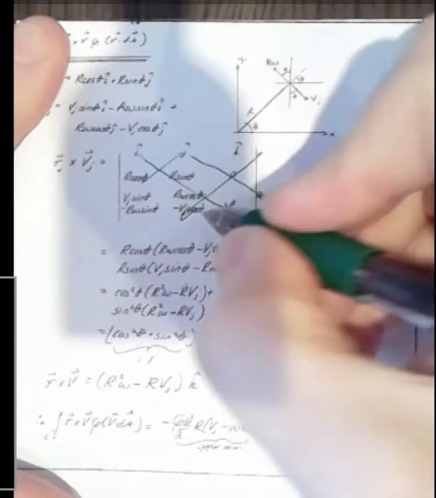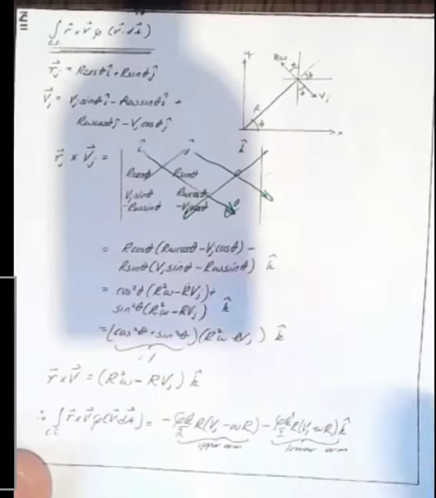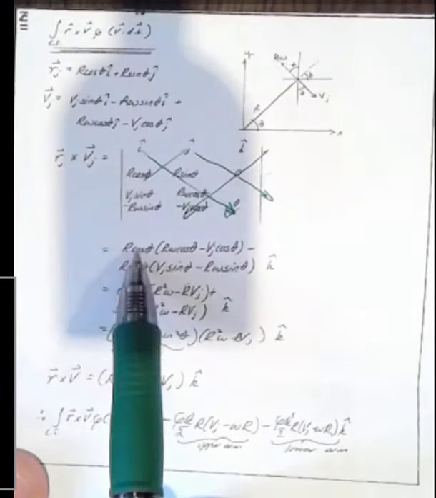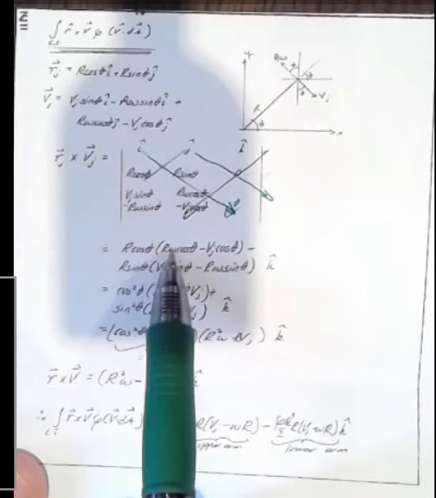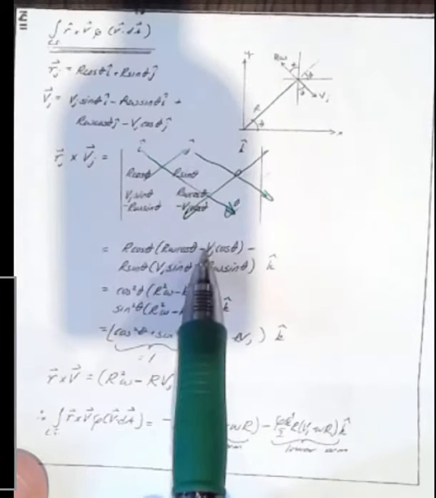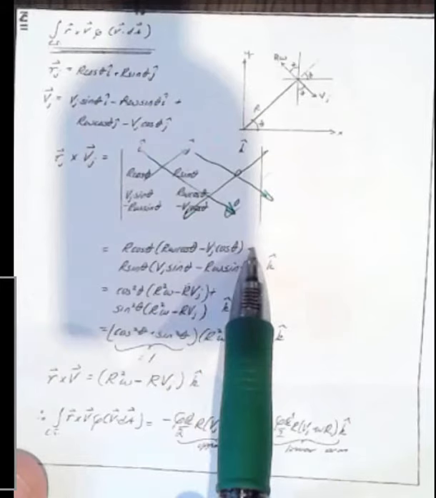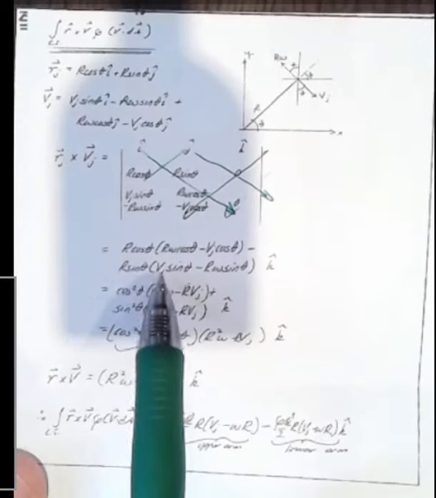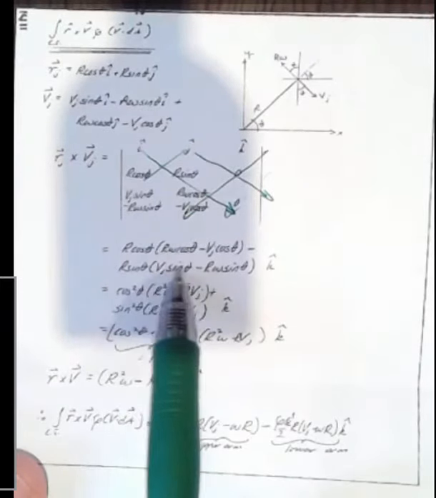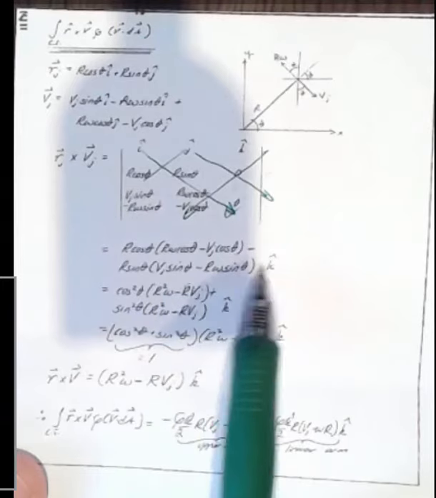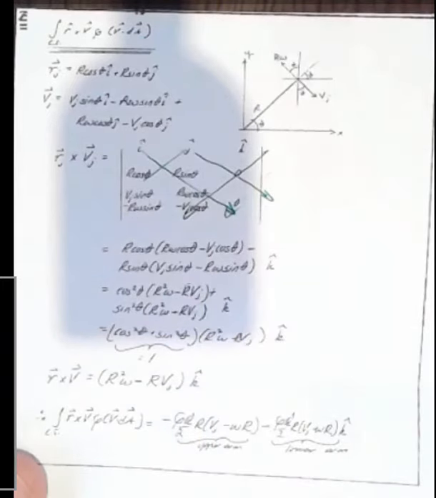But the k term has the non-zero components. So the result is r cosine theta times the quantity r omega cosine theta minus velocity of jet cosine theta, minus r sine theta times the quantity velocity of jet sine theta minus r omega sine theta, k.